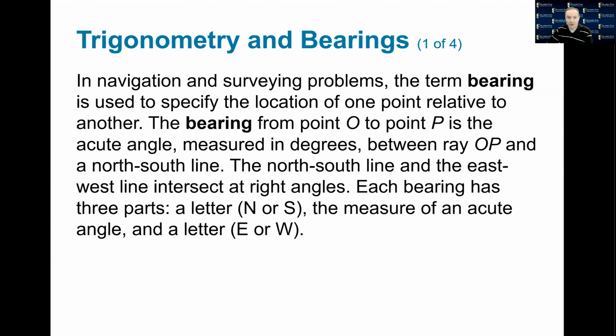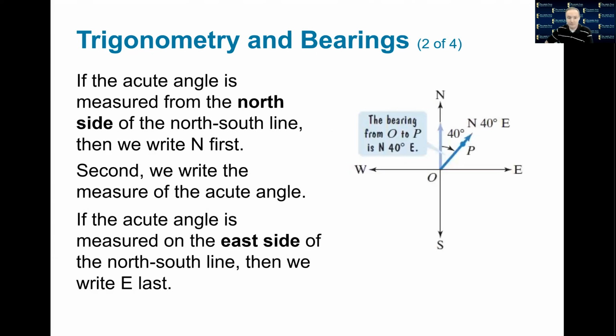For example, if I look at this and say, here's my ray OP, how am I going to give the direction of that ray? You look at it and ask, is it going north or south? Now, what if it's strictly on the x-axis? Then you would say it's due east or due west if it has no vertical movement.